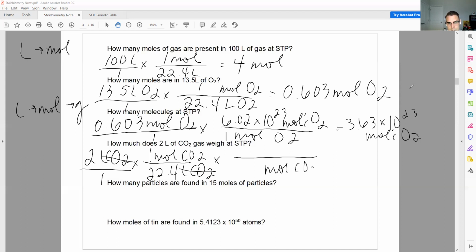Moles of CO2 at the bottom to cancel out. I want grams of CO2. Well, I know 1 mole is 44.01 grams of carbon dioxide. You're left with what you want, grams of CO2. And do the calculation, 1 sig fig for my final answer. It ends up being 4 grams of CO2.